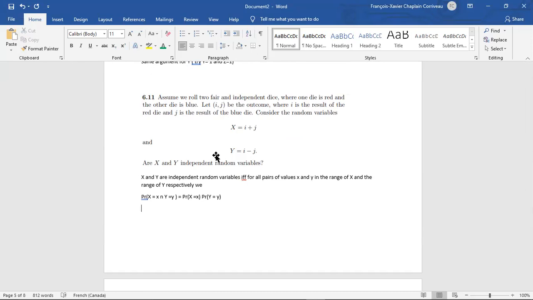Okay, so now let's think about the number of equalities we would have to check. What is the range of X? Here, what is the range of X? 2 to 12, yes. What is the range of Y?